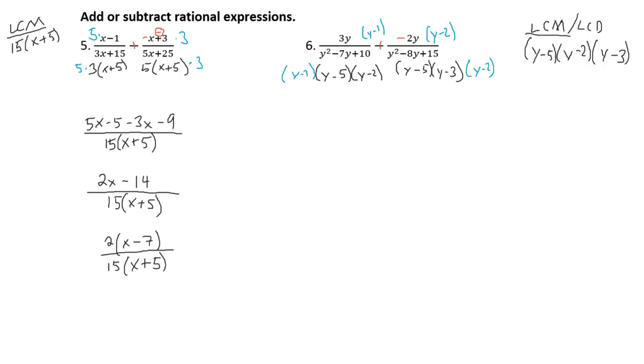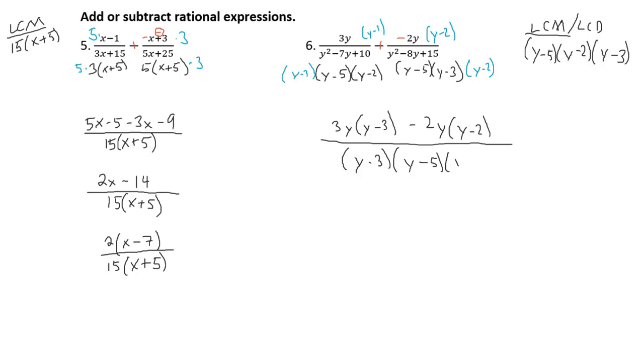And so that will give me, I'm going to just rewrite it as 3y(y - 3) - 2y(y - 2) all over (y - 3)(y - 5)(y - 2).